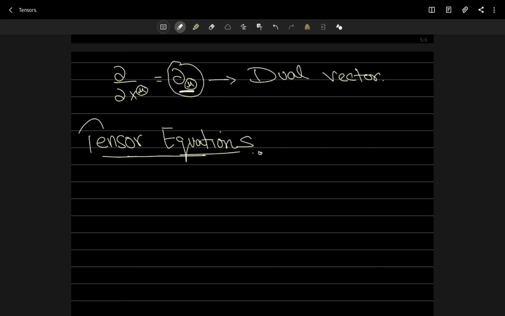Nature demands tensors, and so we have tensors to understand her. That is why I mentioned that tensors are one of the most wonderful ideas in the beginning of the video. Now, if we are working only with tensor components, how do we see that a tensor equation is invariant?